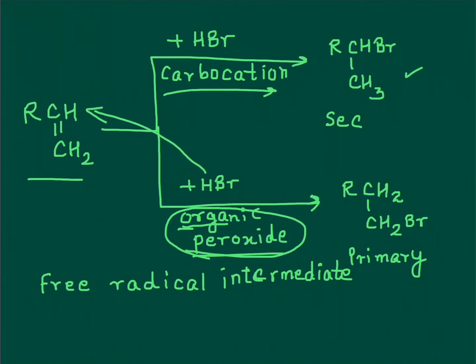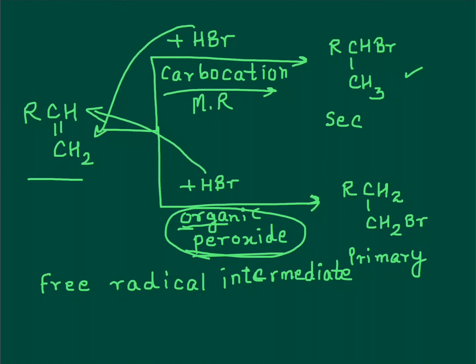Here the positive part goes to the carbon. When we are talking about the Markovnikov product, that means this particular compound is following the Markovnikov rule, right? So this is Markovnikov rule, positive part to the carbon bearing more number of hydrogen.